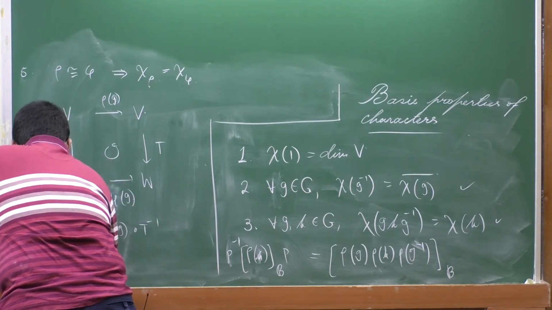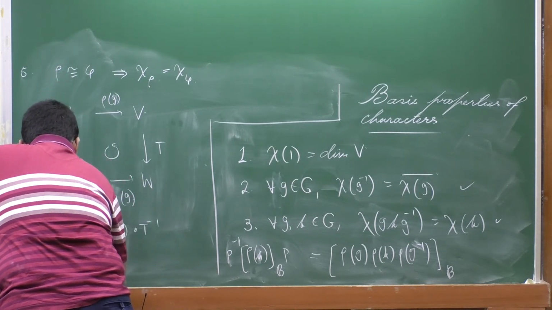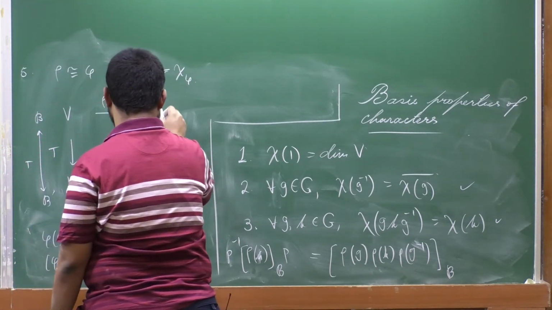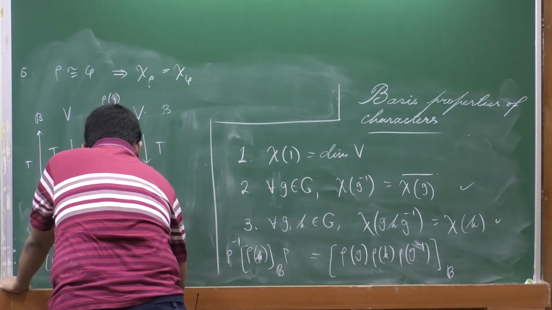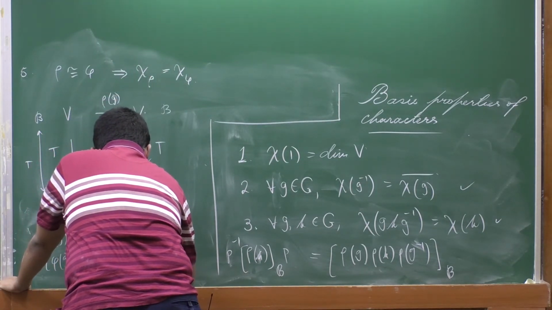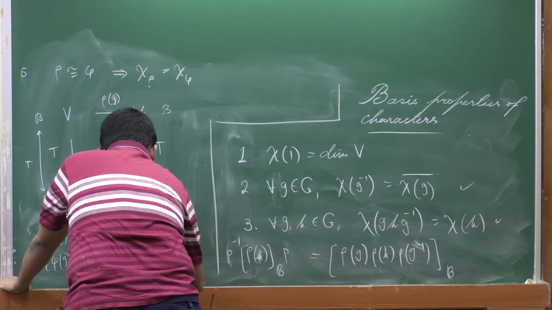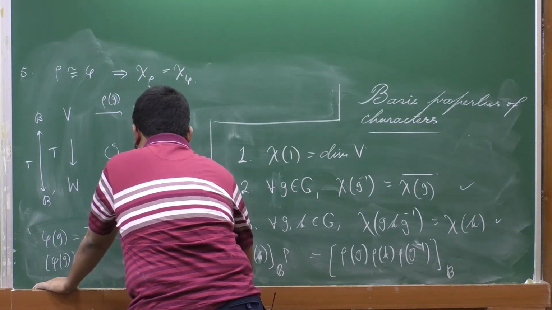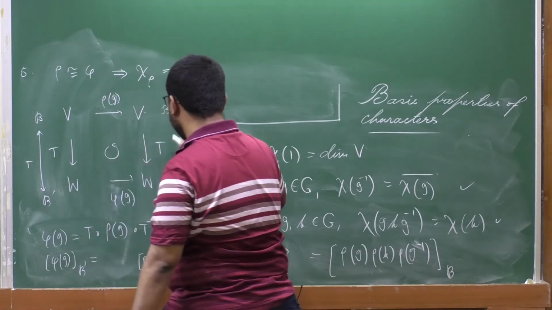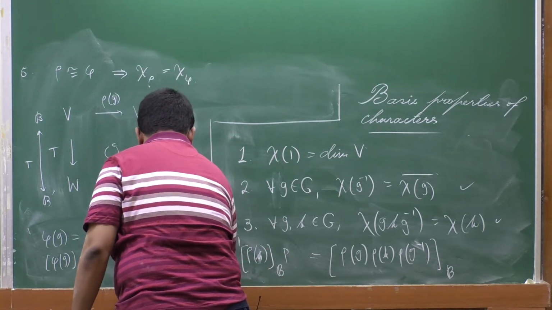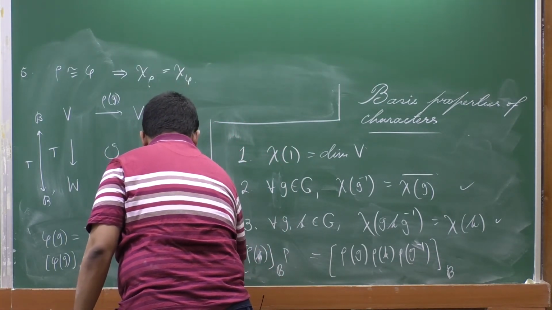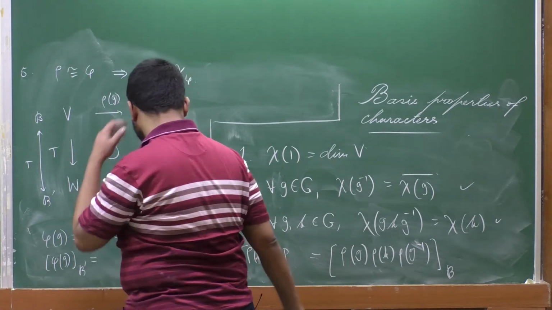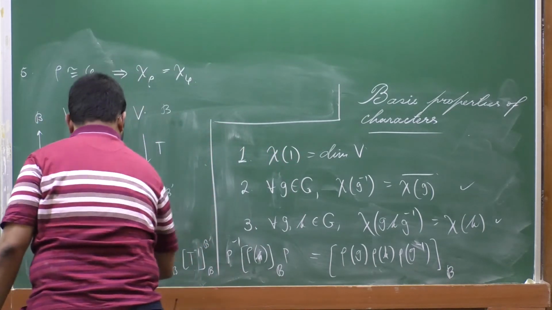Therefore the matrix representation of phi g with respect to beta prime is going to be the matrix representation of this. Thus you can immediately see rho g beta beta, and then the matrix of beta prime to beta, beta and beta prime.